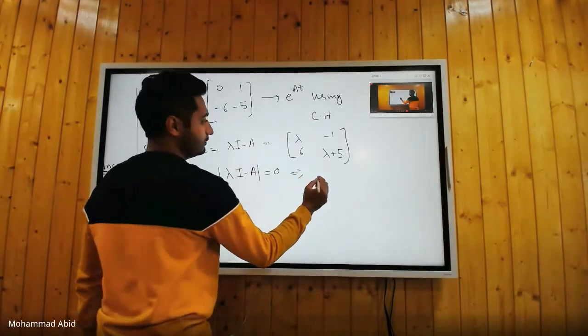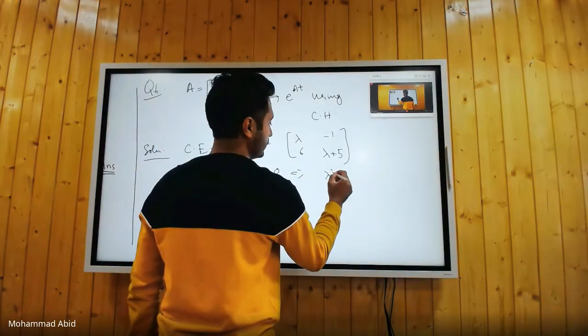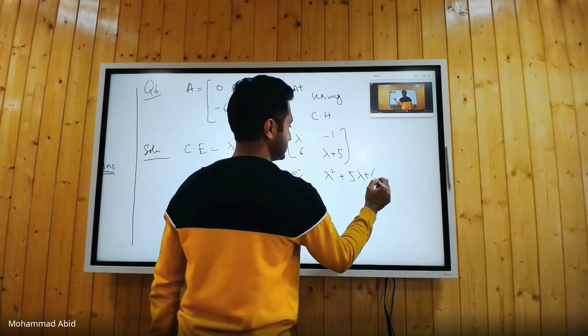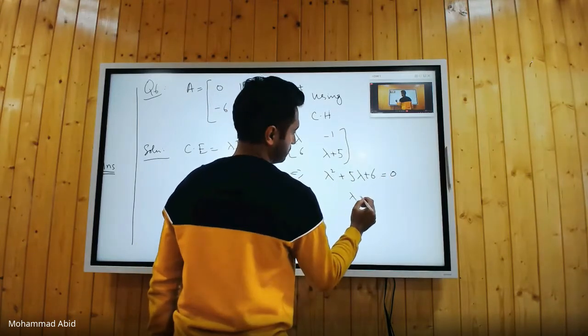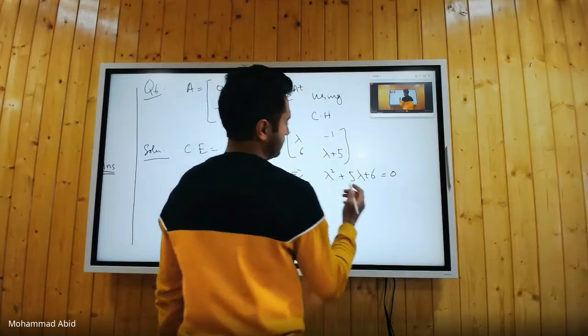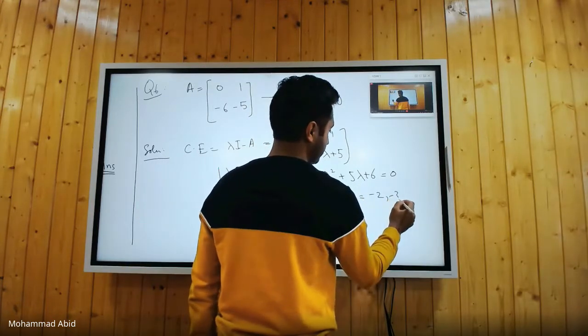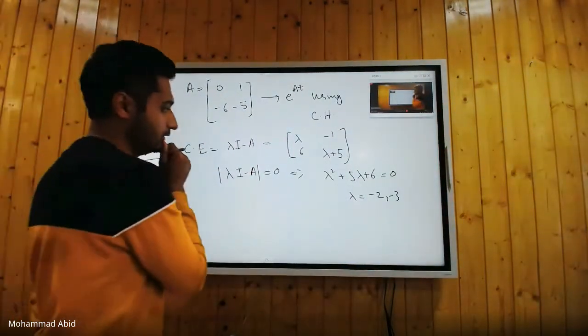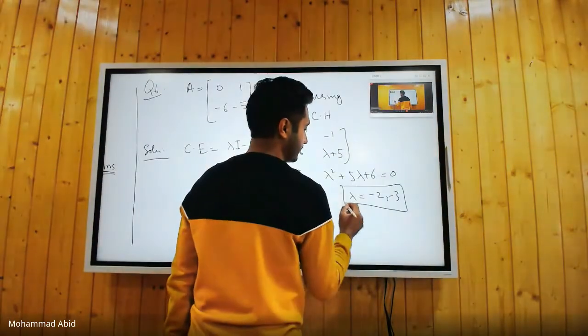So that will be equal to lambda square plus 5 lambda plus 6, so minus 2, minus 3. These are your eigenvalues. Okay.